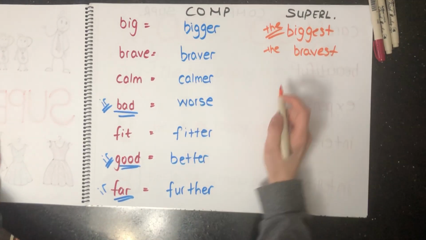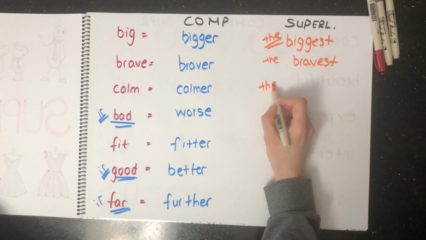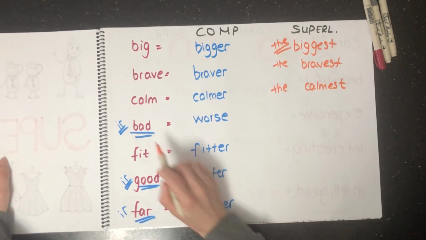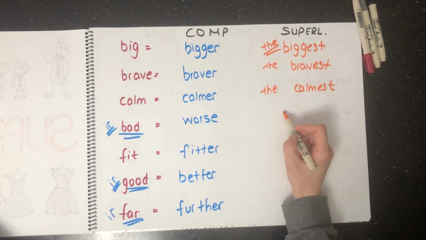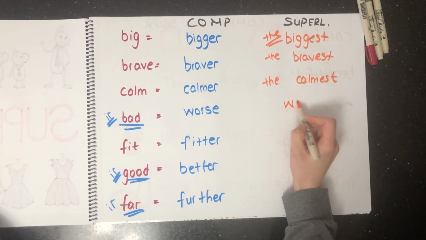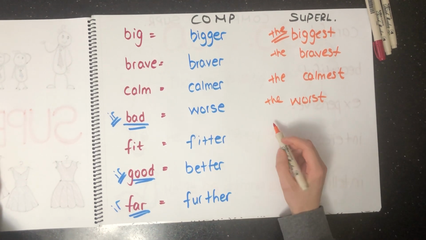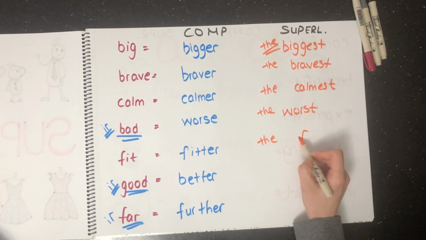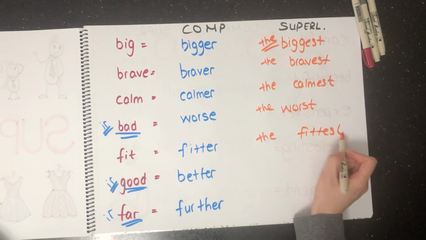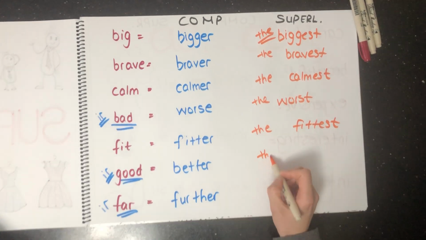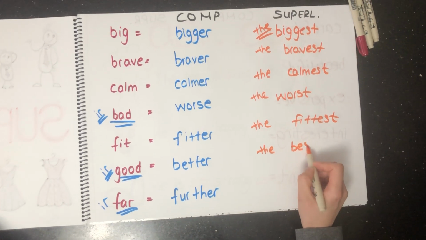Calm, calmer, the calmest. Bad, worse, worst. Fit, fitter, the fittest. Good, better, the best.